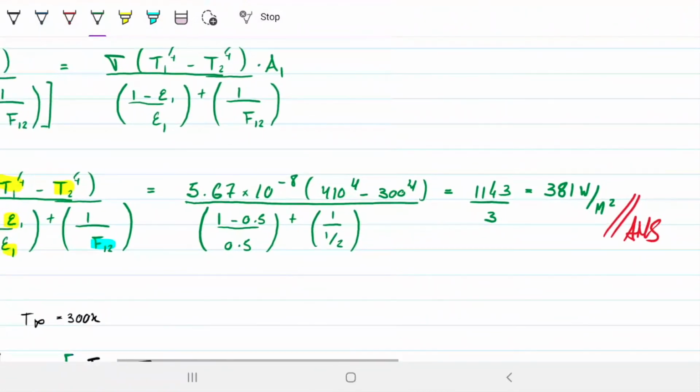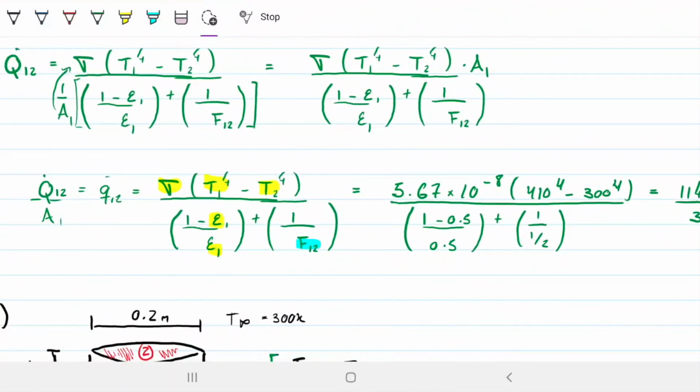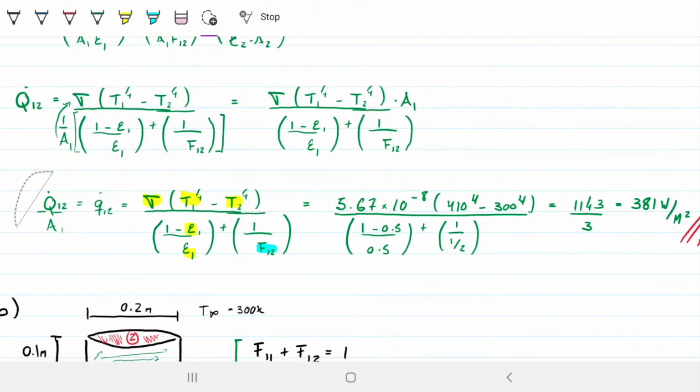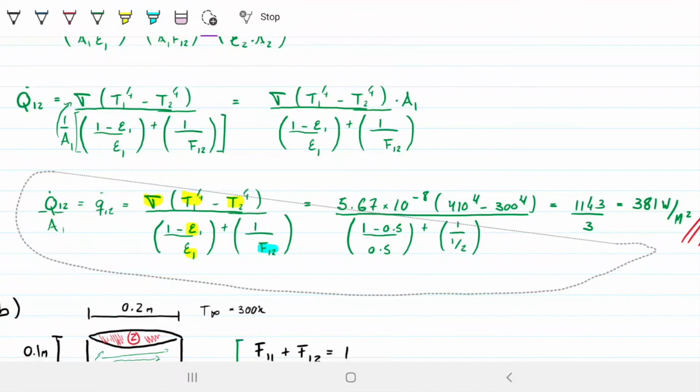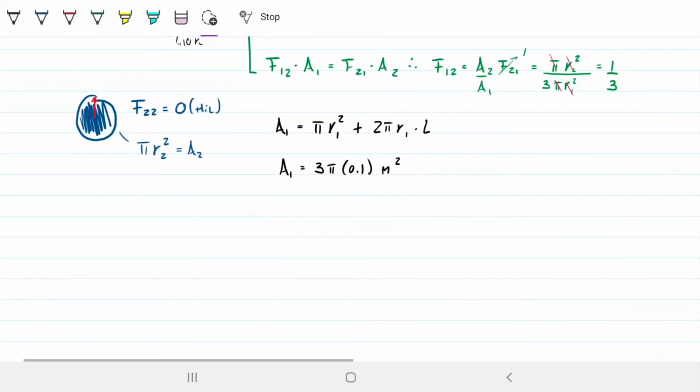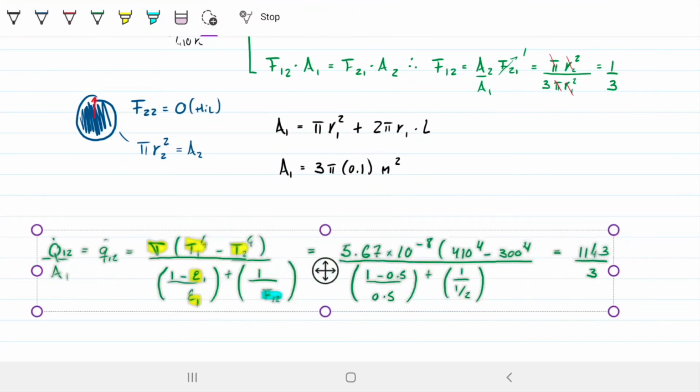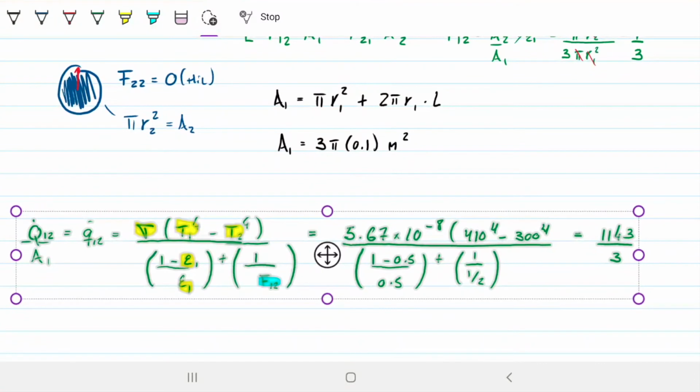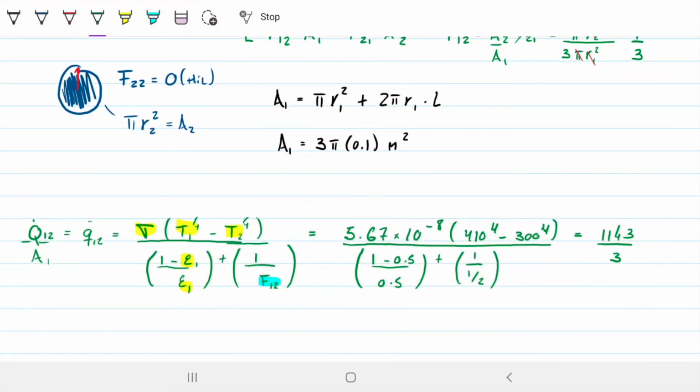Okay, about 1/3. So what's going to change? Well, what's going to change is this point here, nothing changes. Or, we need to find, well, I'm going to keep it this way, and then I'm going to find, because we need to find net heat, right? Not heat flux this time. I'm going to keep this. Okay, so let's see. This is the same, this is the same, this is the same emissivity, all good.